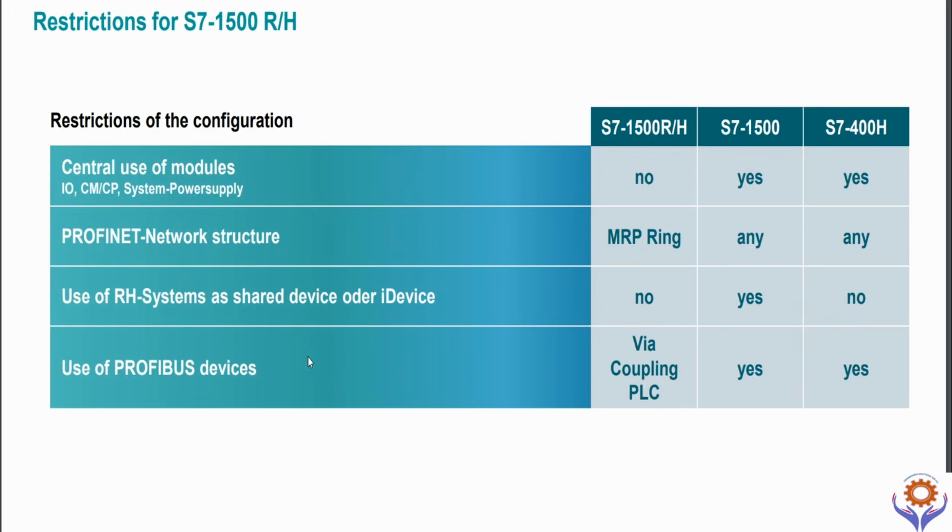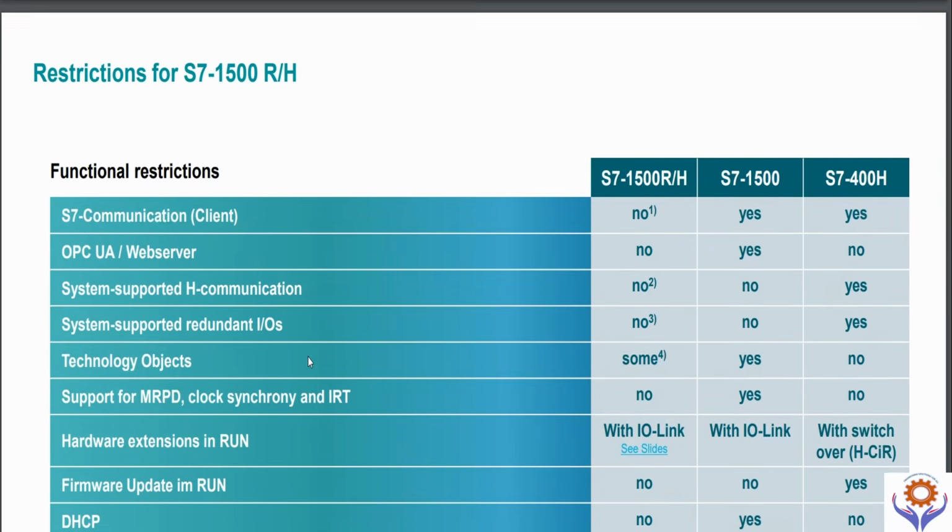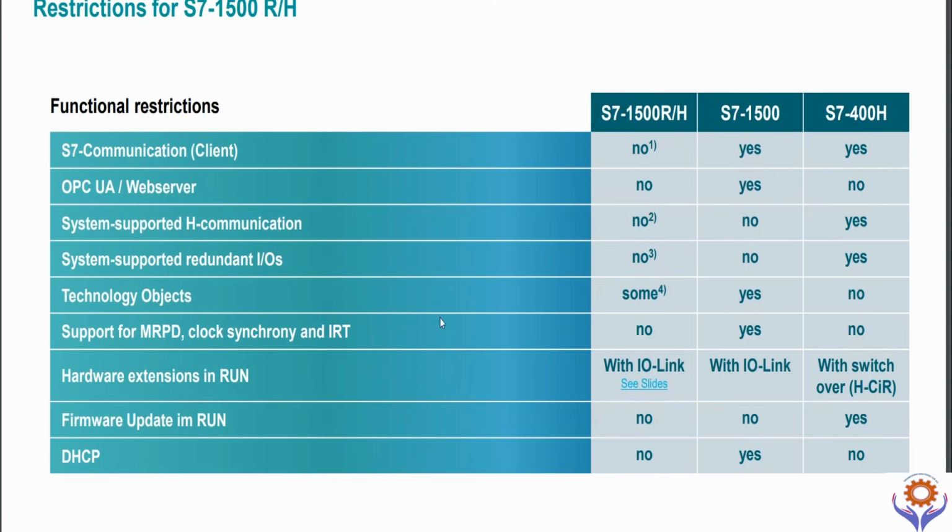And if you see for the other communications, like S7 communication to the clients, there is no communication, and for others, yes. And if you go for OPC UA, for redundant, there is no OPC UA server. For others, yes, we can use OPC UA servers.